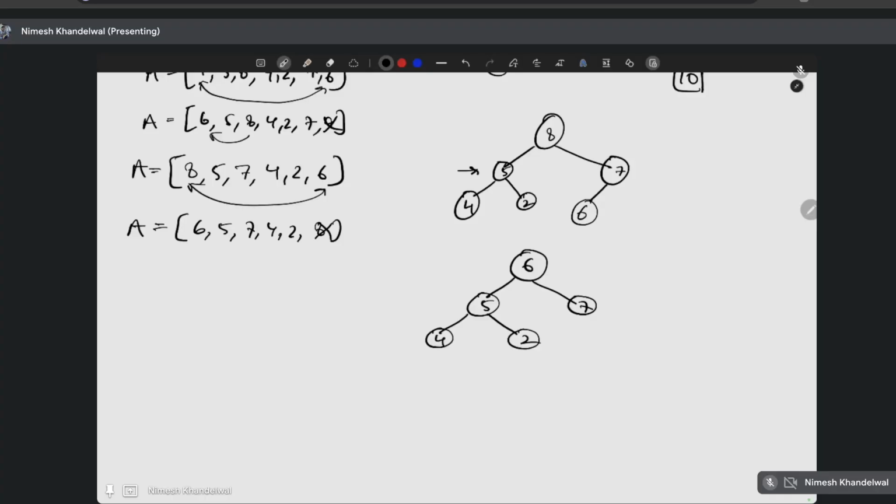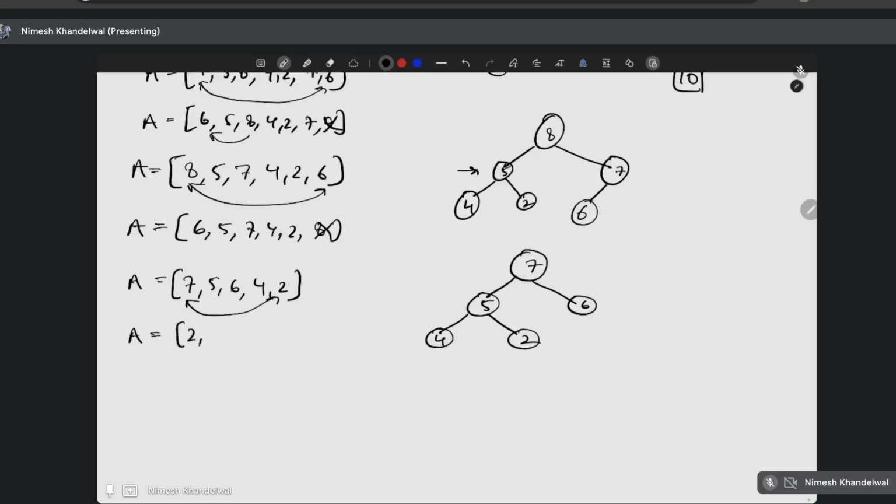Right. So again, in the second level there were no changes, and here it will be switched like this. So it will become 7, 5, 6, 4, 2. We swap the first element with the last.